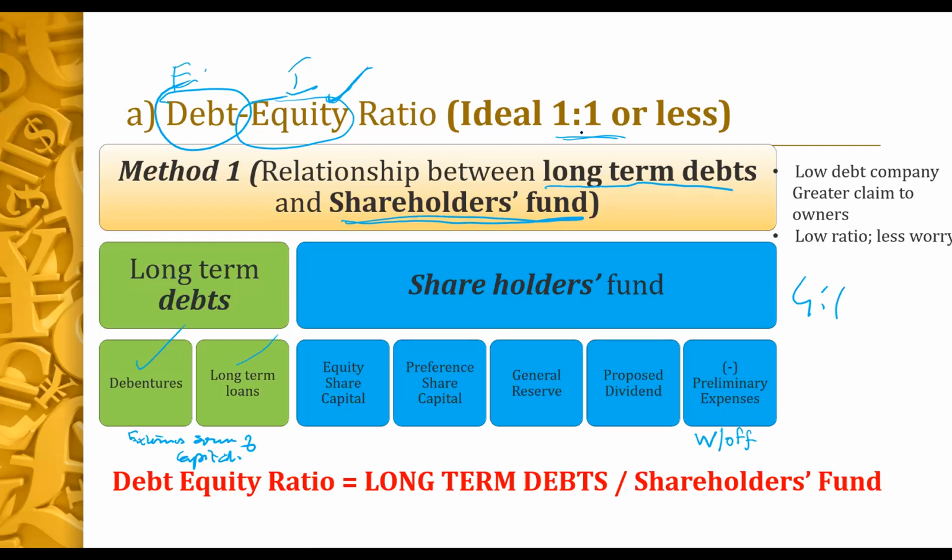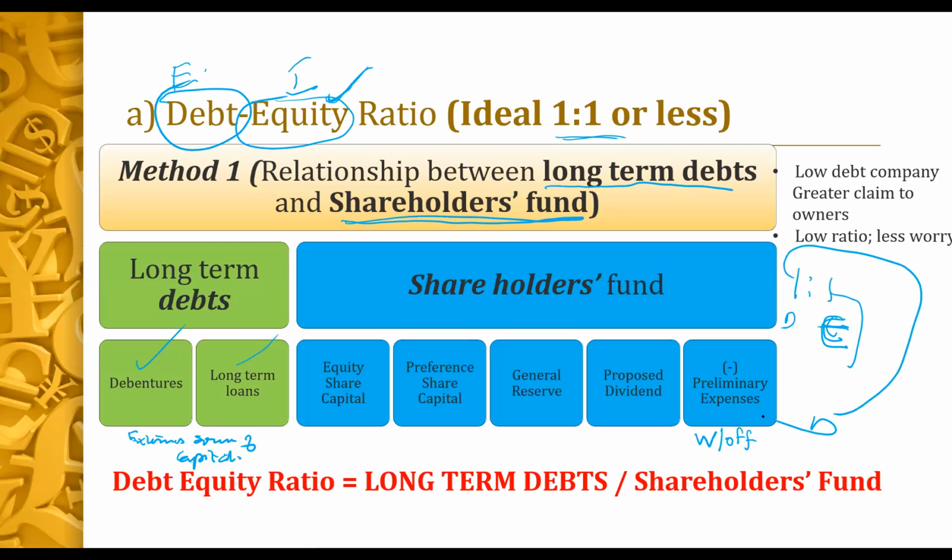So what interpretation can you give for 1:1? For every 1 rupee of this, 1 rupee of that is there. If the first part is debt, the second part is equity. For every 1 rupee of equity, the company has raised a loan as a part of debt.